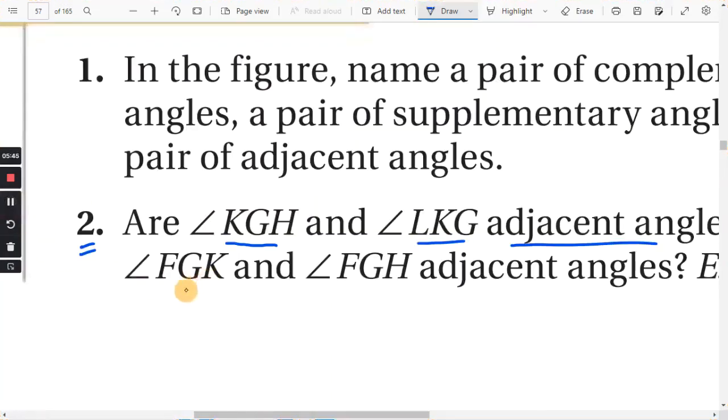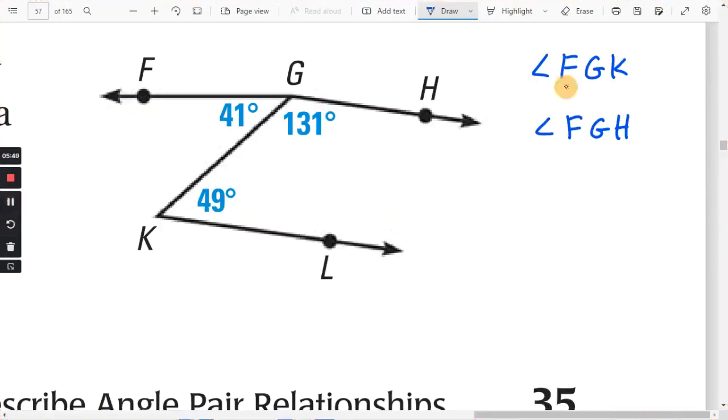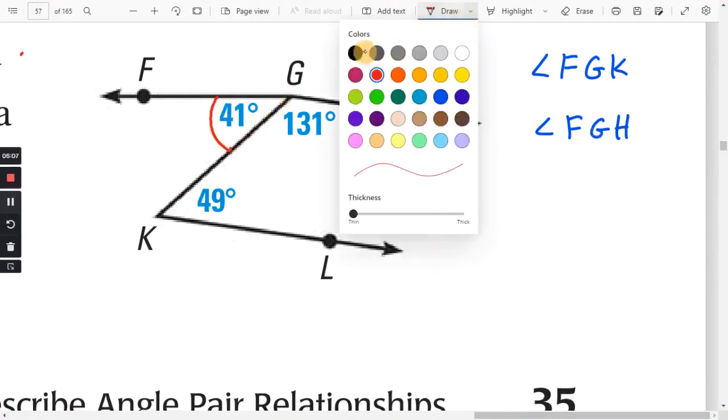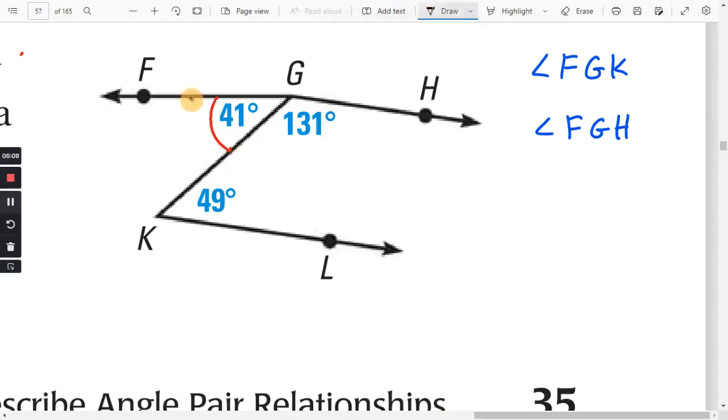All right, let's look at FGK and FGH. Try these two and tell me if they are adjacent, please. FGK is this one right here, and FGH, I'll do it in a different color, is this one right here. So are those two angles adjacent?